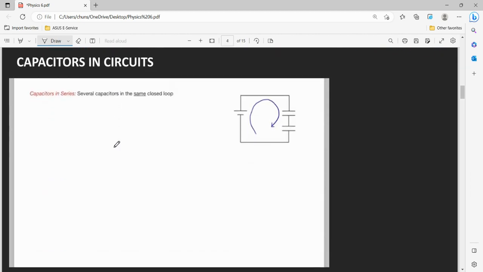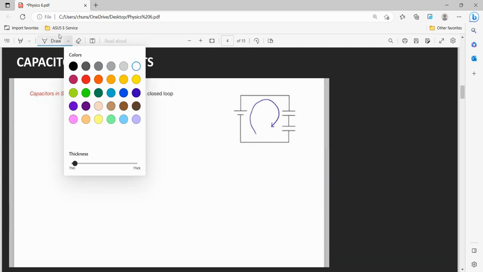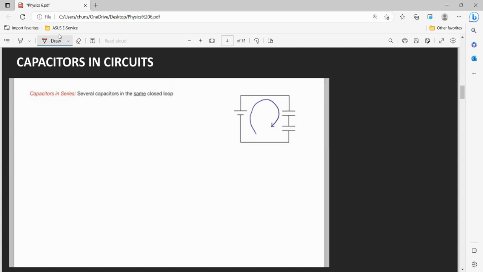And now this is taking us back to our electrical 225 course. When we have capacitors in series, we're operating using Kirchhoff's law, which states that our voltage total is equal to V1 plus V2 plus V3, whatever, equals 0. So in the case where we have several capacitors in the same enclosed loop, we want to know what the voltage of these are.